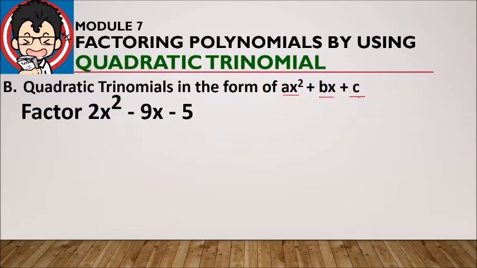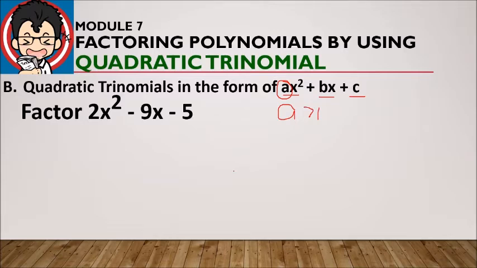So, anong pagkakaiba nito sa ibang trinomials na finactor natin? The difference lies with the leading coefficient. Kasi, kanina, yung mga trinomials na finactor natin, the leading coefficient is 1. Now this time, yung mga trinomials na mai-encounter natin, their leading coefficient is greater than 1.